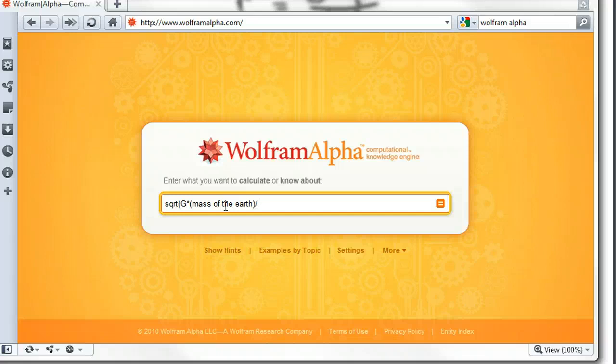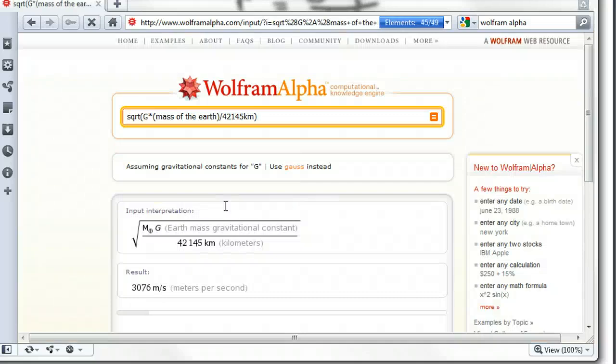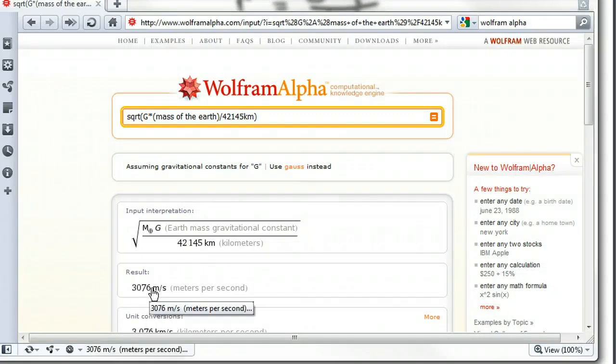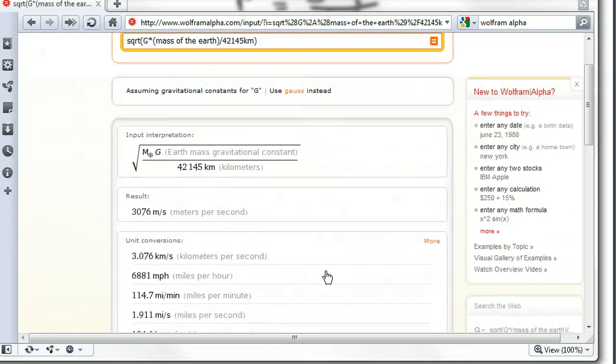Remember, the radius, not the altitude, but the radius, worked out to be about 42,145 kilometers. And so that should be it. Let's see what we get. Okay, 3,076 meters per second.